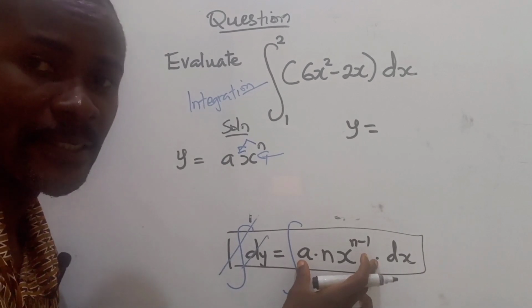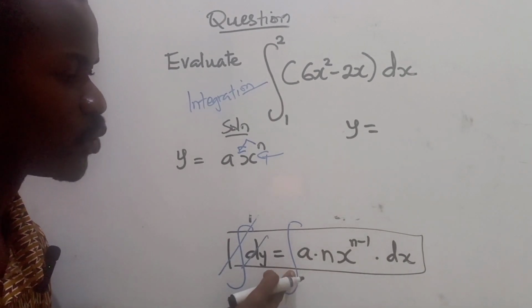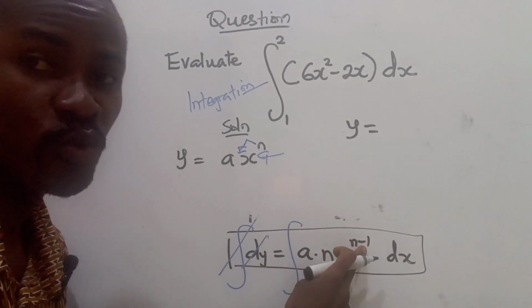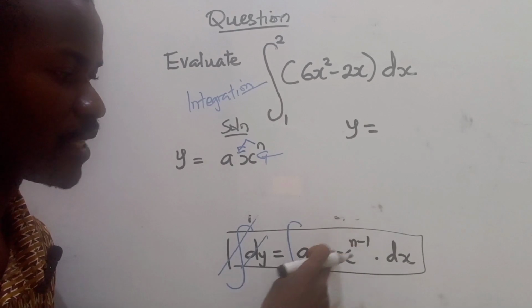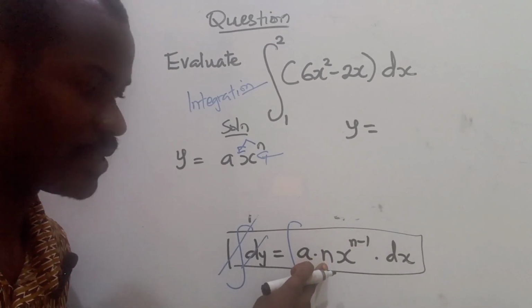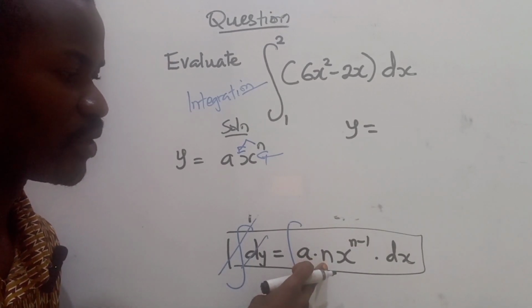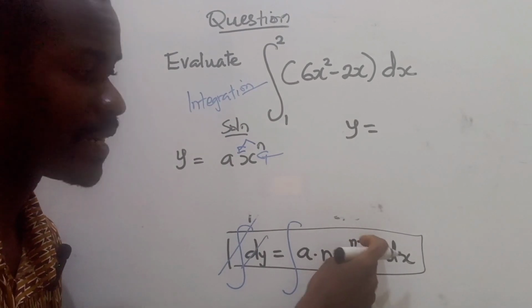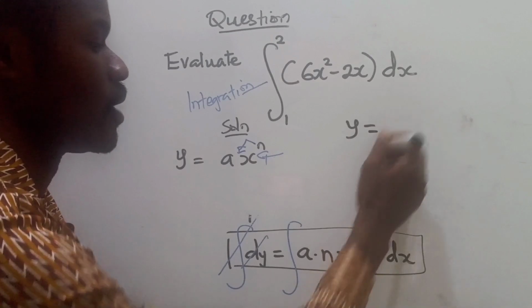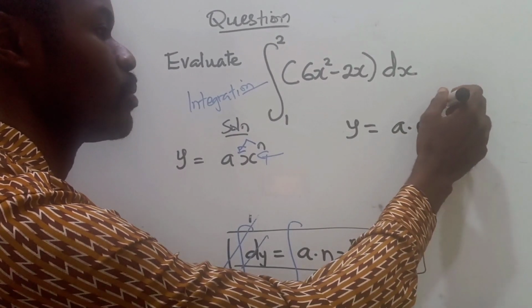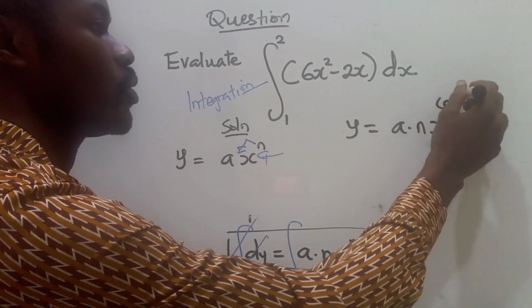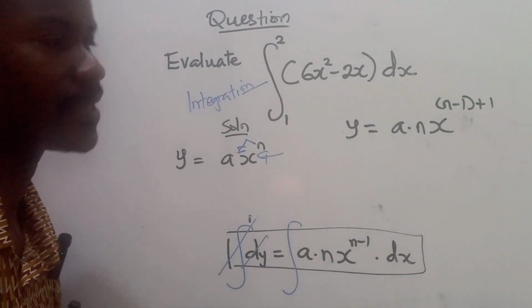Now what about this? If we are to integrate this, remember we removed 1 from the power, and we brought down the power to multiply this. Now when you are integrating, you have to add back the 1 you removed. So I have all this as a multiplied by n x raised to power n minus 1. We are going to add 1 back.